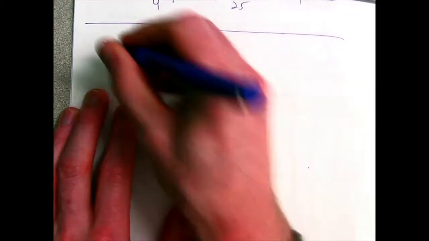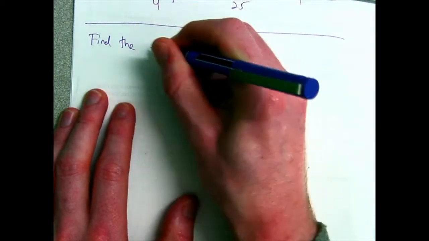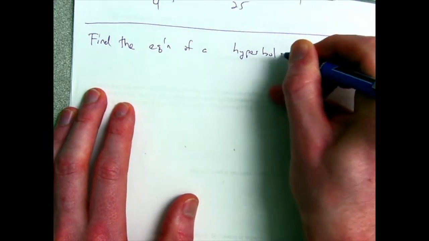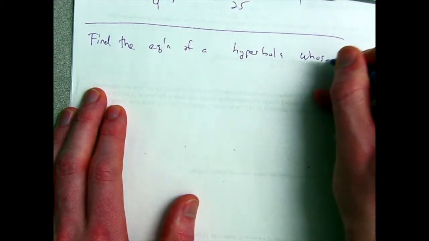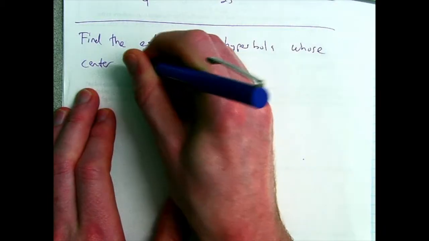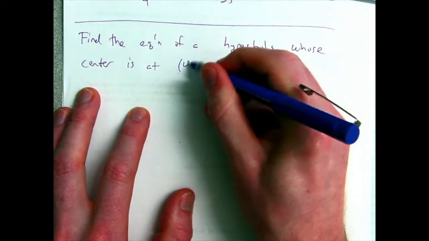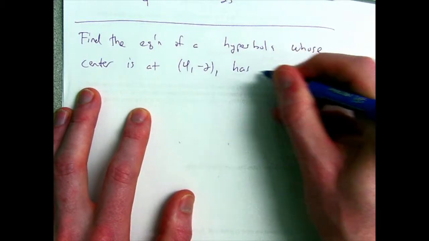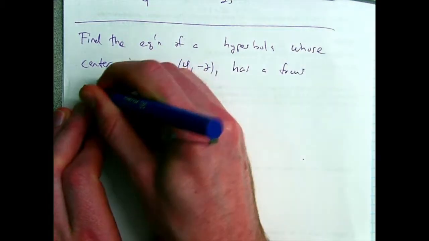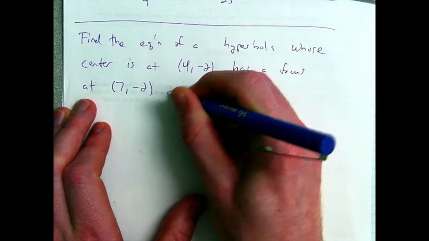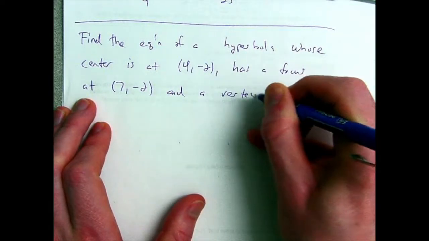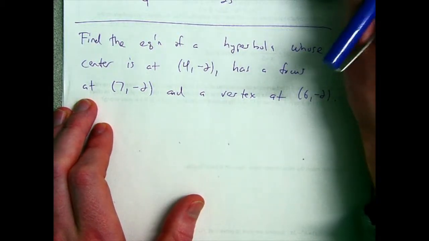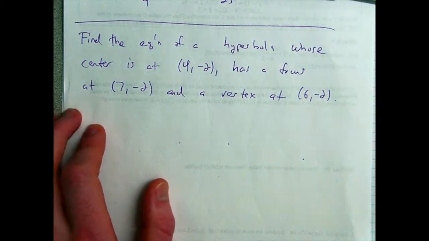Suppose that we want to find the equation of a hyperbola whose center is at, say, (4, -2), has a focus at (7, -2), and a vertex at (6, -2). So we've just been given this assortment of information, and we want to find the equation.